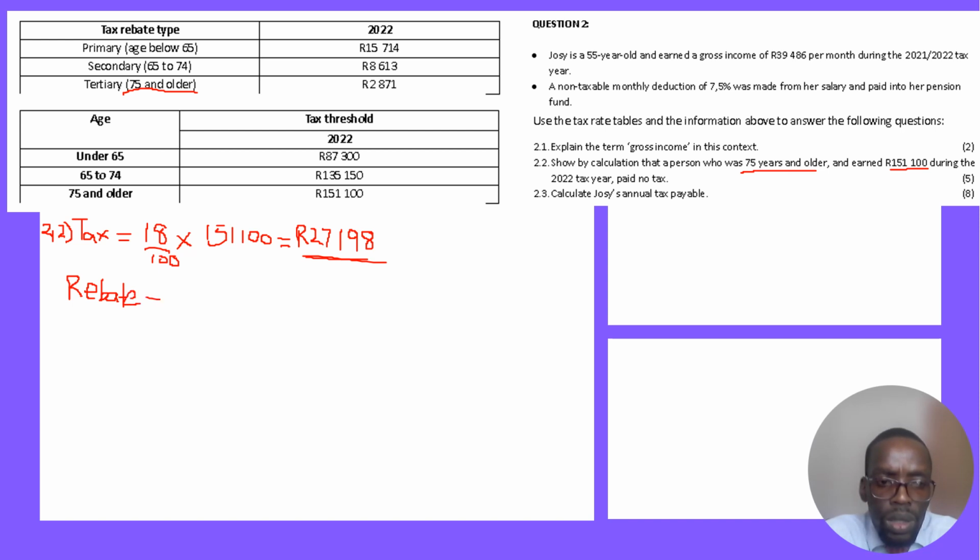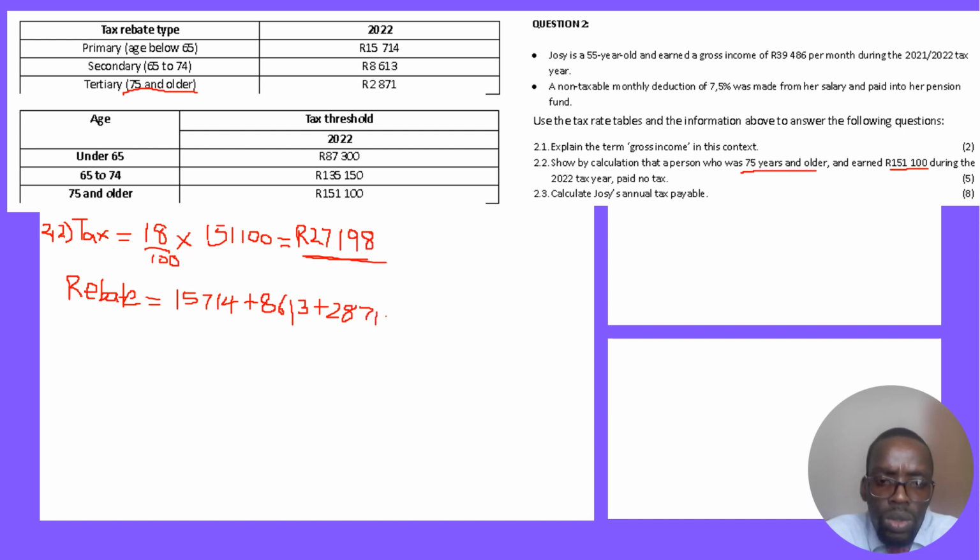is going to be equal to the primary, which is 15,714, plus the secondary, which is 8,613, plus the tertiary, which is 2,871.